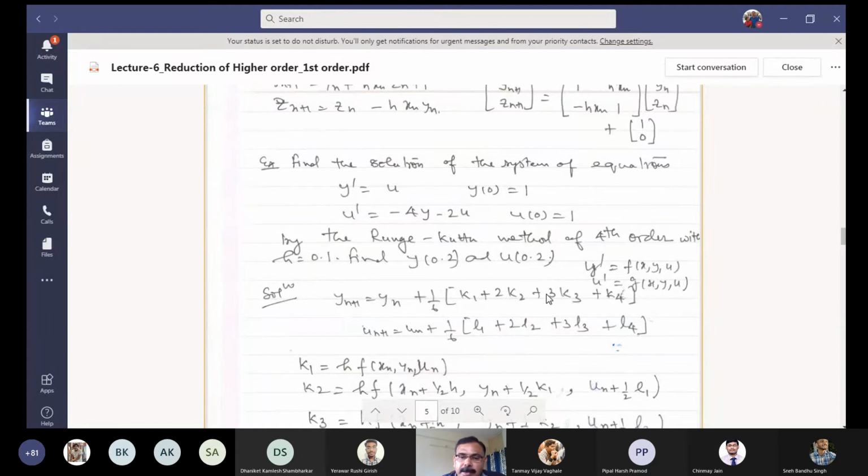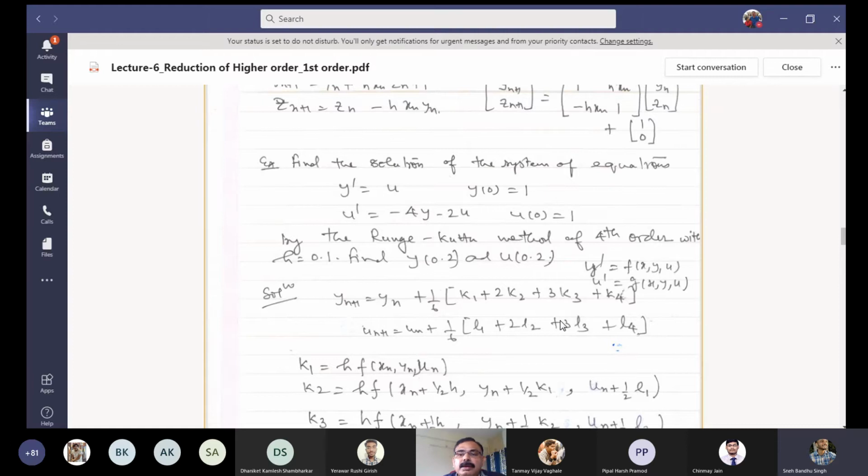It should have been 1 by 6 (K1 plus 2K2 plus 2K3 plus K4). Please note down this correction. Here also u(n+1) equals un plus 1 by 6 (L1 plus 2L2 plus 2L3 plus L4). This is not 3, this is 2 with the K3s and L3, right? Have you noted down? Yes, sir.